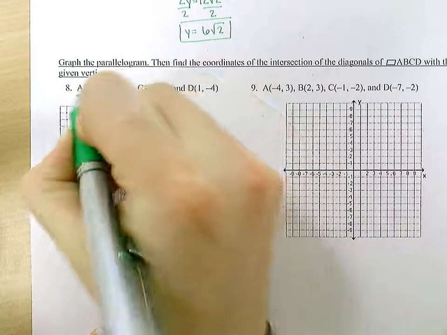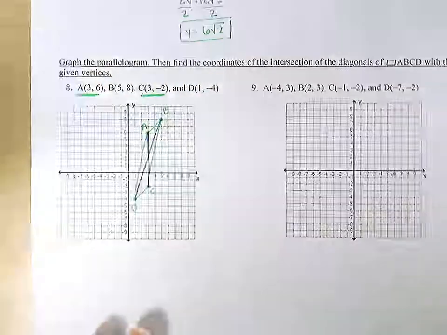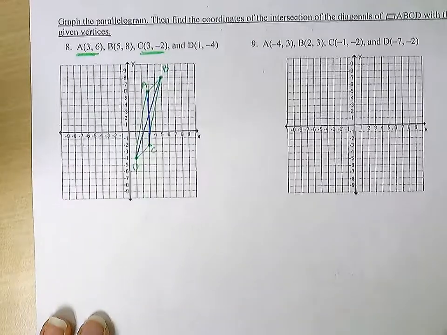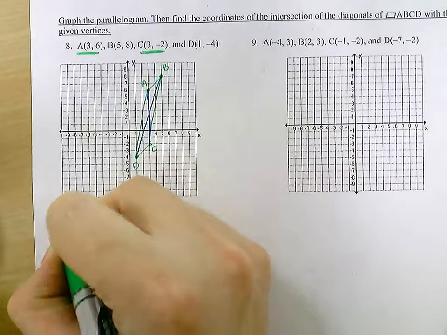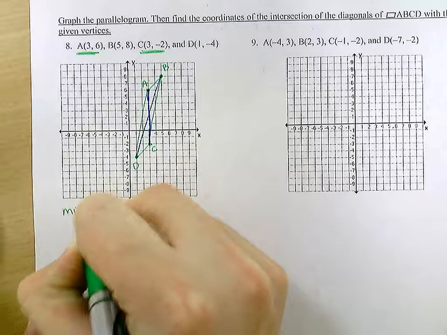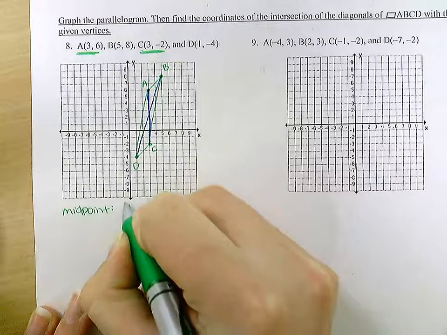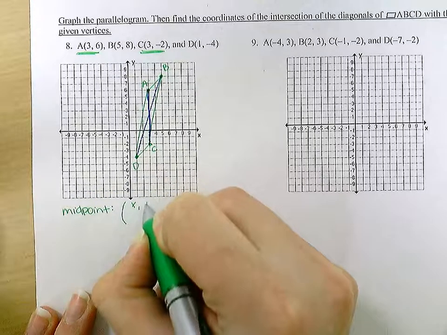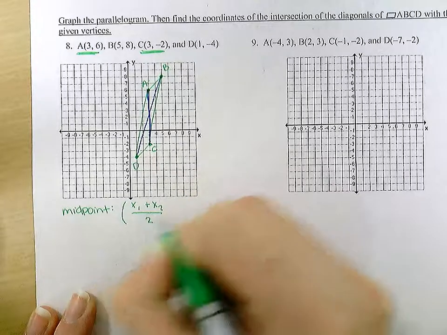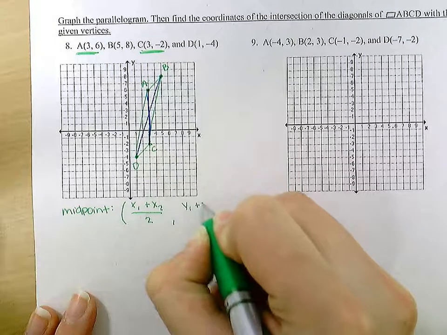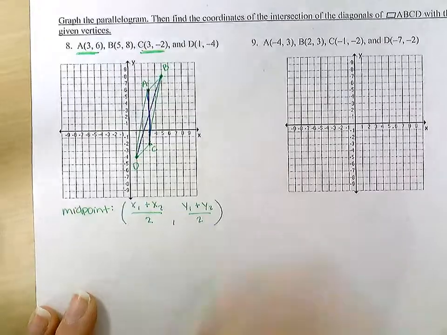So I'm going to use A and C. And again, your midpoint formula is x sub 1 plus x sub 2 over 2, y sub 1 plus y sub 2 over 2.